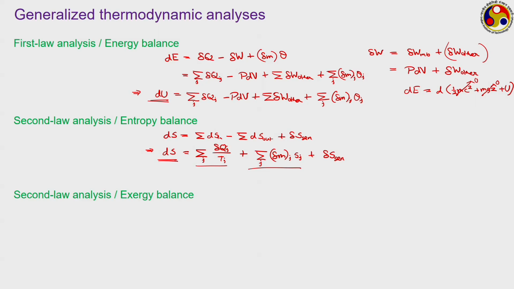Similarly, if we talk about the exergy balance, then the change in exergy for a system, I am directly writing the equation now, can be the amount of exergy coming with the heat.